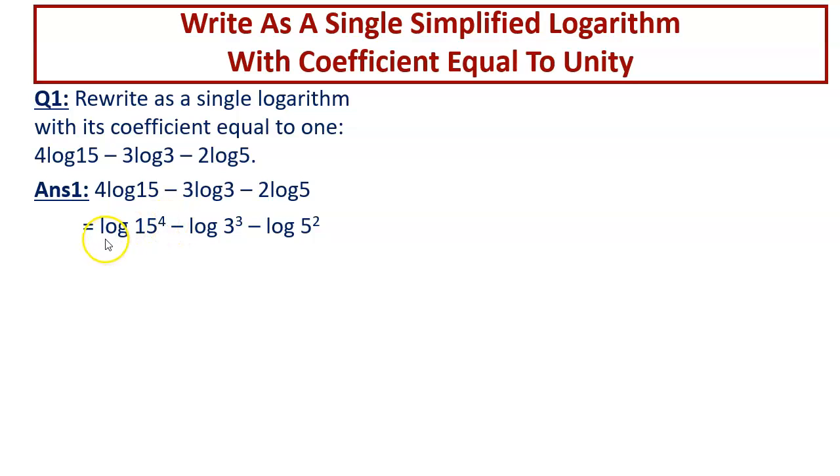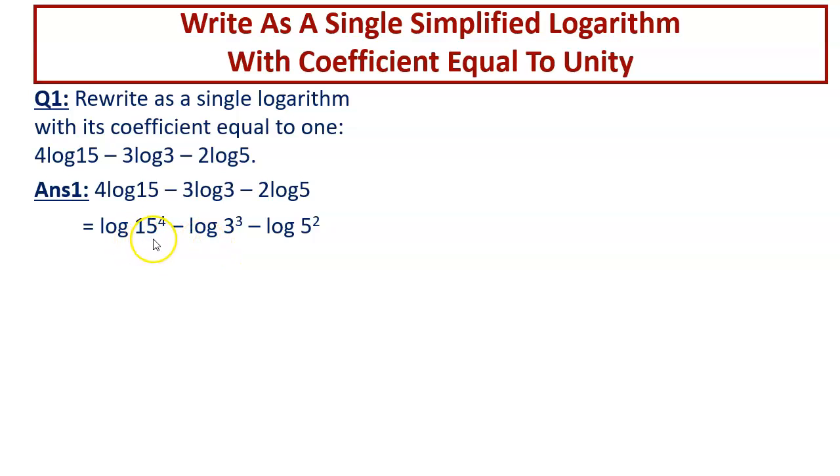Okay? You have to write the coefficients as the exponents of the arguments, and only after that can you combine the log terms. And over here, this one is having a plus sign, and these 2 are having minus sign. So let us combine these 2 first.